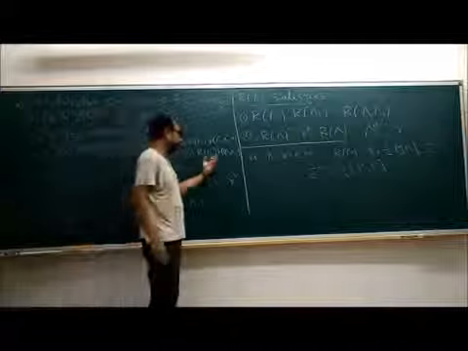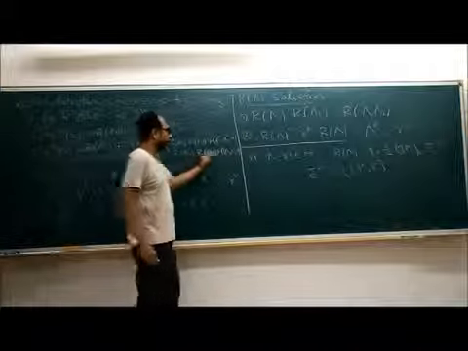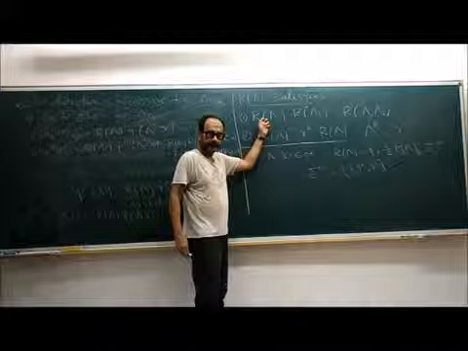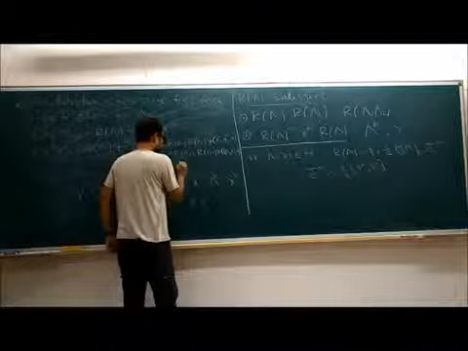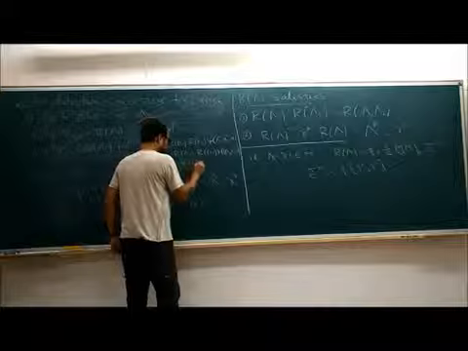And so you see that if this condition is satisfied, then R lambda 2 R lambda 1 is R lambda 2 lambda 1.